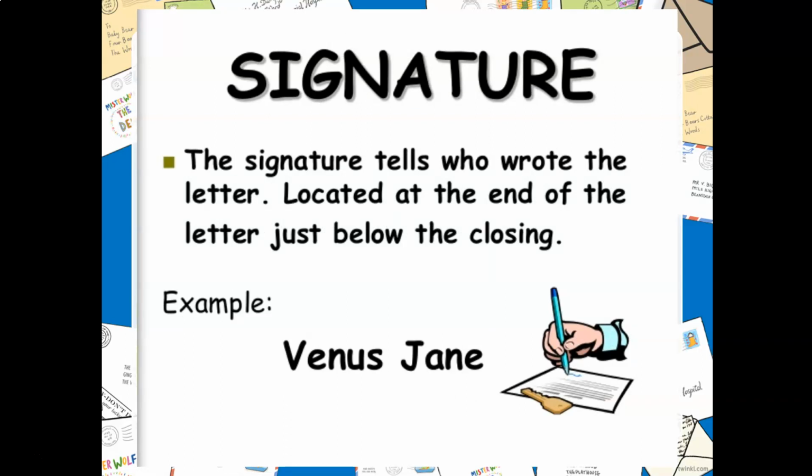The signature tells who wrote the letter, located at the end of the letter just below the closing, like Venus Jane. Venus Jane is the writer, so usually it is your name or anyone's name as soon as he or she wrote the letter.